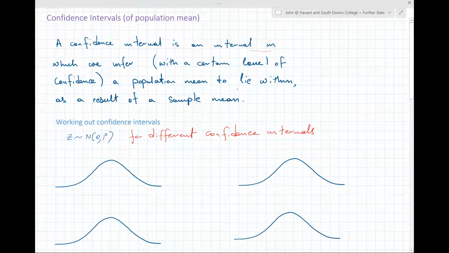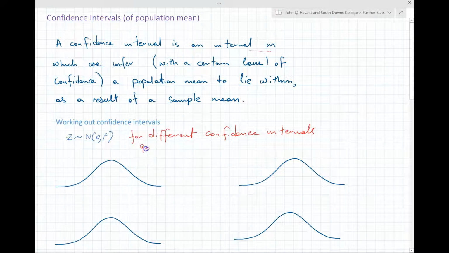A bit of a mouthful, but that's what I've just tried to build up to. Now we need to work with the Z distribution. All of the methods we're going to do here involve referring back to the Z distribution, so we need to find the appropriate values of the Z distribution.